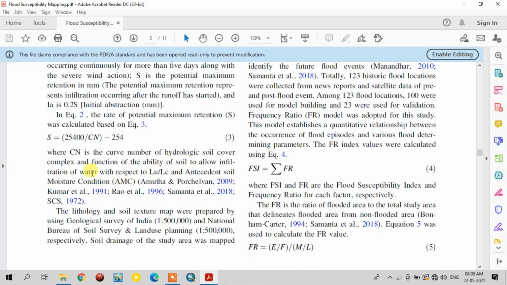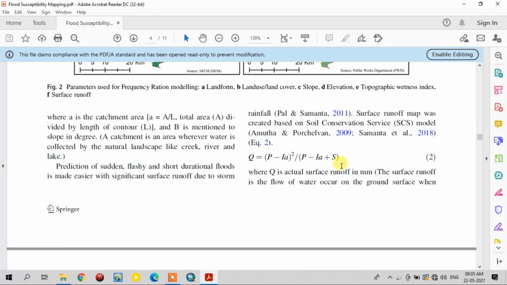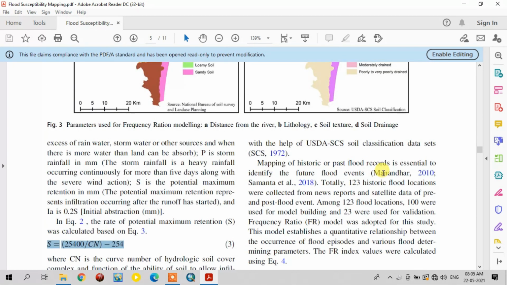Using this, we can calculate the curve number for the potential maximum retention analysis. So after the S is calculated, we can use this formula to calculate the surface runoff in millimeter.